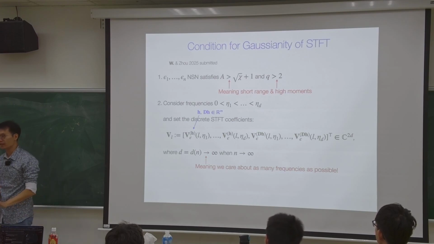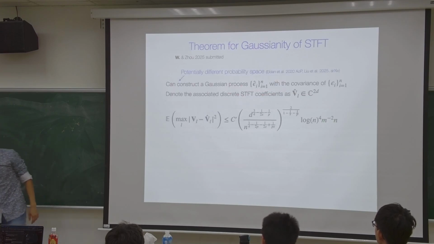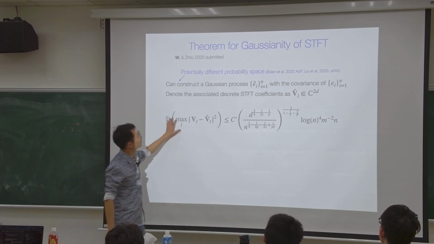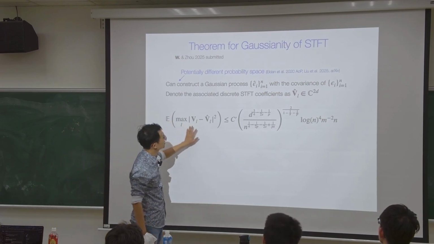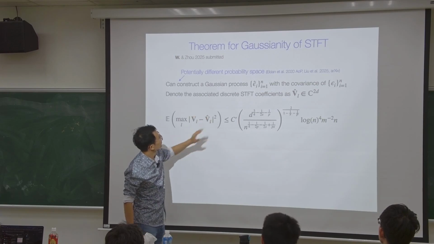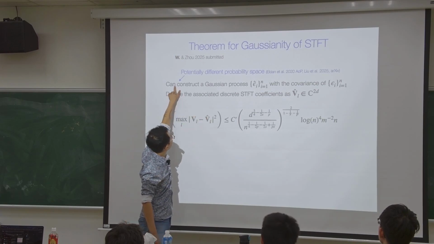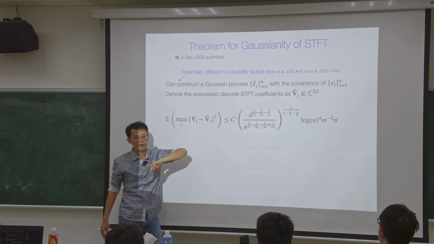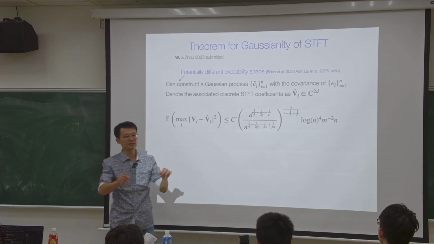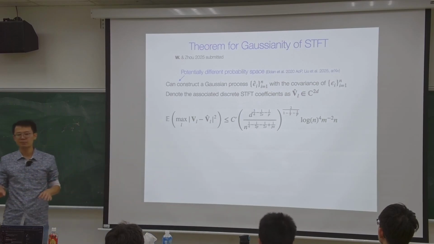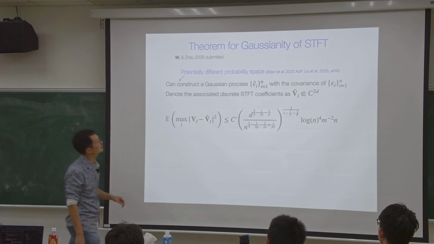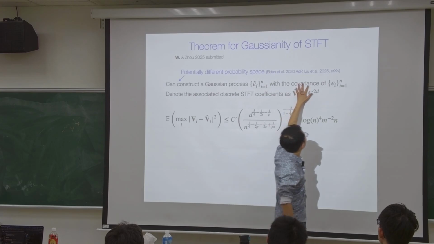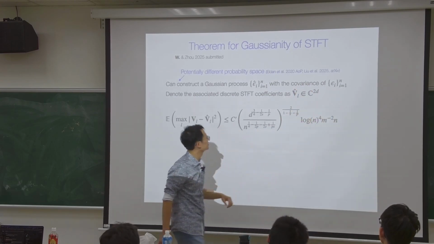Okay, that's the condition. Then what we can show is this result, which looks a bit complicated, but let's take a look. This says that we can construct a Gaussian process, epsilon hat, that has exactly the same covariance structure as the input non-stationary noise.